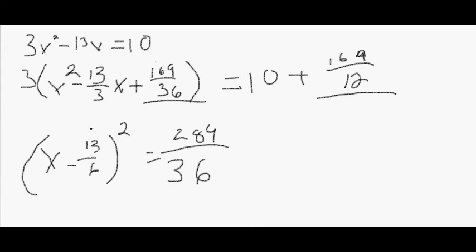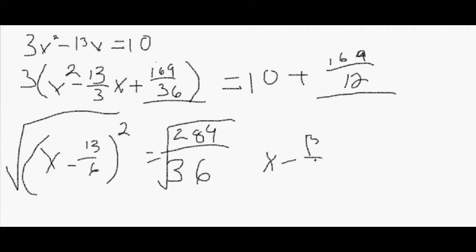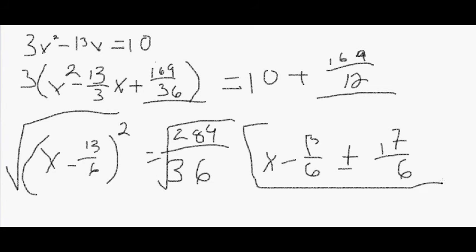Alright, just write down what I write down. Then we're going to square this, and square this. After you square them, you're going to get x minus 13 over 6, and that plus minus 17 over 6.